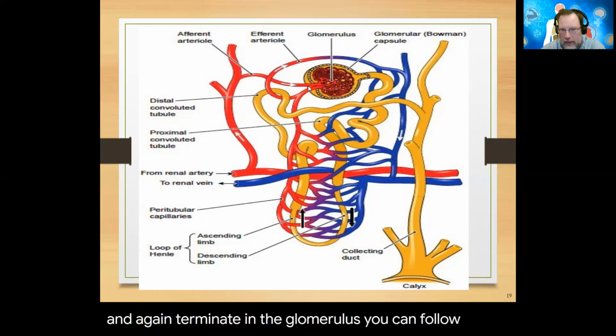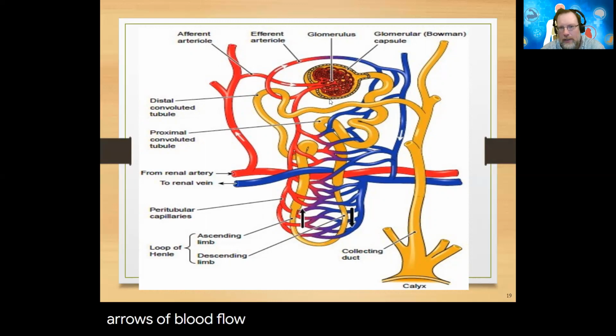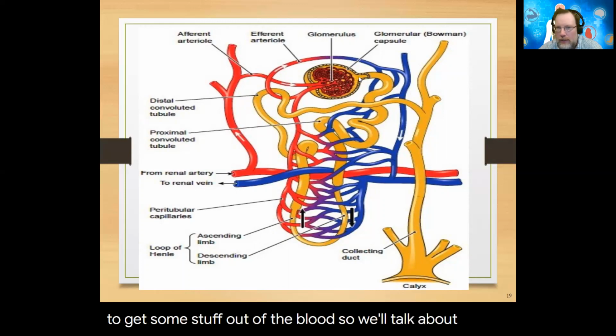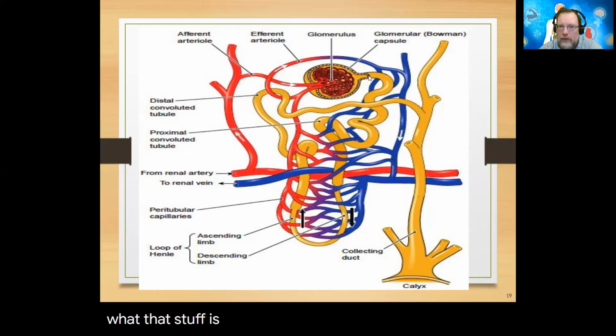You can follow the arrows of blood flow to help as well. So, step one of urine creation is going to occur at this glomerulus Bowman's capsule spot. So, we're going to get some filtrate. We're going to get some stuff out of the blood. So, we'll talk about that, what that stuff is, here in a few minutes.